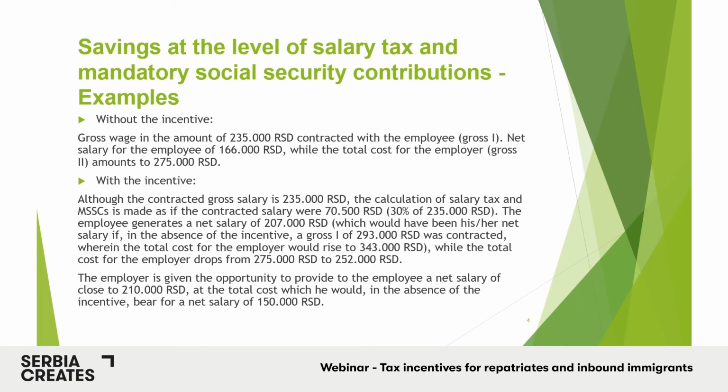Now, let me give you the mechanics of the measure. Let's assume that you conclude an employment contract with your employee, and in it you agree on a gross salary of approximately 2,000 euros per month.